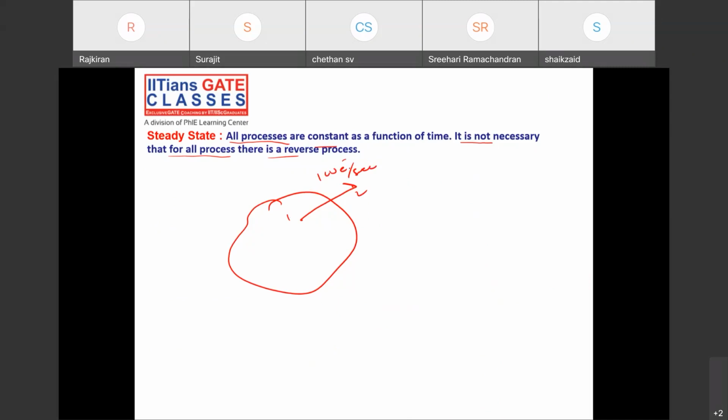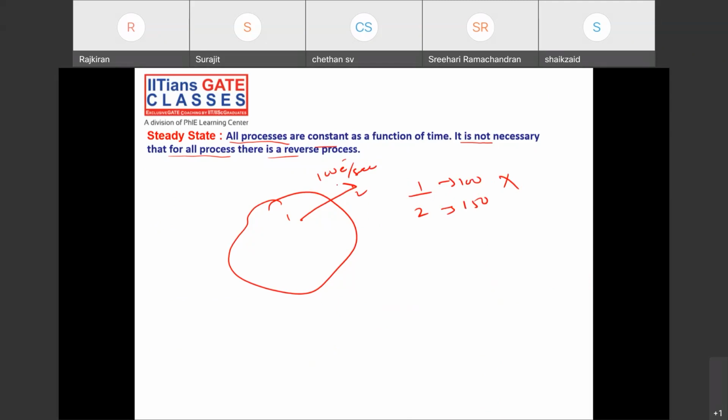This 100 electrons per second should not vary. It is not like in the first second 100 moved, in the second 150 moved, because then it is not in steady state. Steady state means it should be constant.